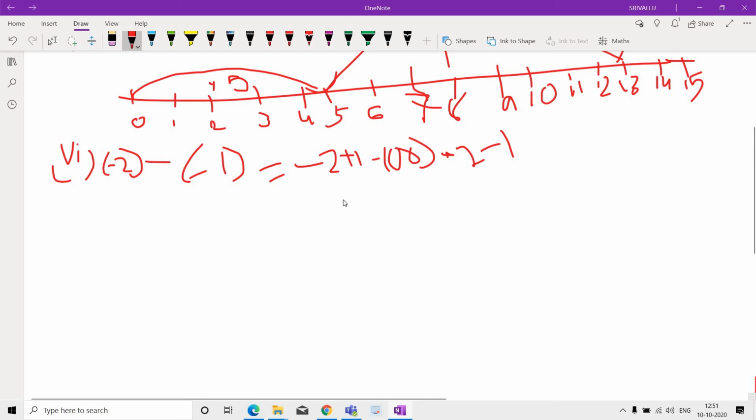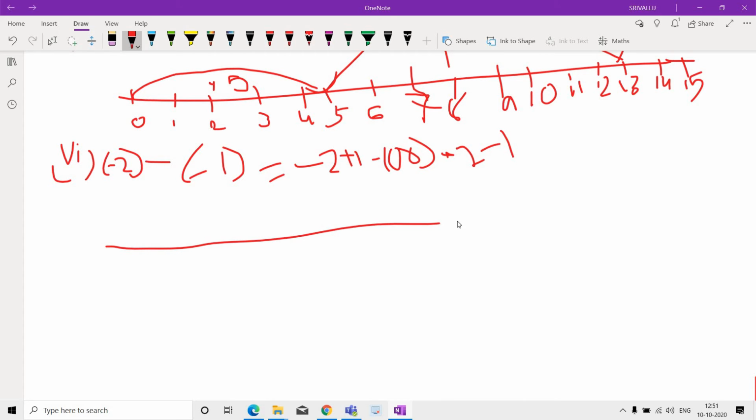So first I am doing -2 plus 1. I am taking a number line. I am representing 0 first on the number line: 1, 2, 3, -1, -2, -3. So I am taking first 0 to -2.